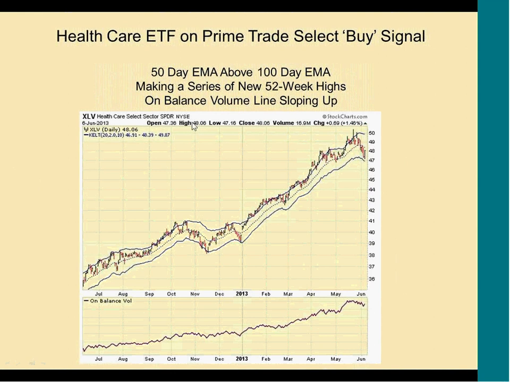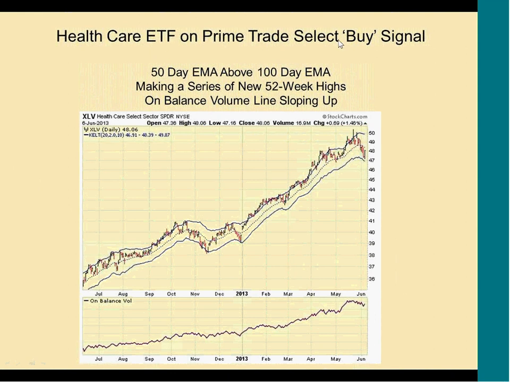And I have a copy of my brokerage confirmations here, and you can see that I bought the 30 call at 13.48, and I bought the 49 strike put at 37. So this created a market neutral spread. I took both a bullish and a bearish position in the healthcare ETF.